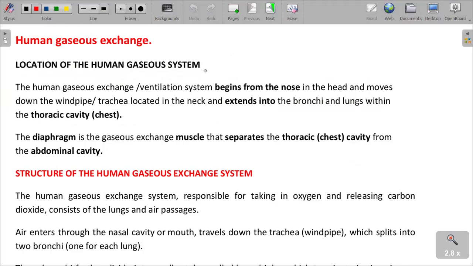The location of the human gaseous exchange system: one thing we need to understand is that the human gaseous exchange system, which can also be called the ventilation system, begins from the nose, where gases enter and exit the body.